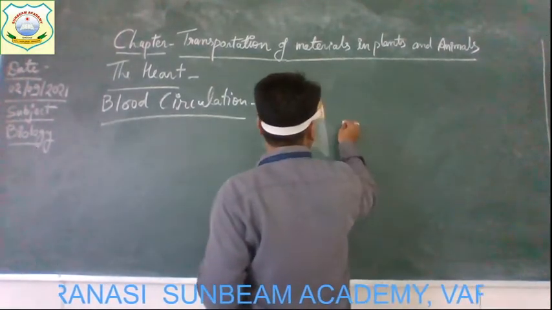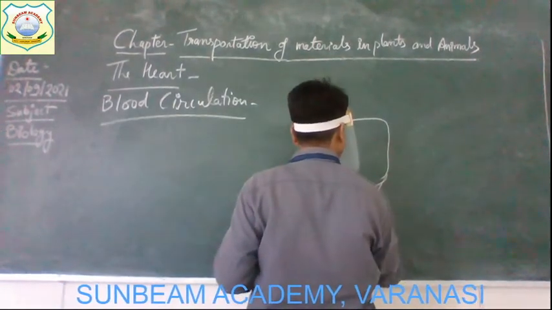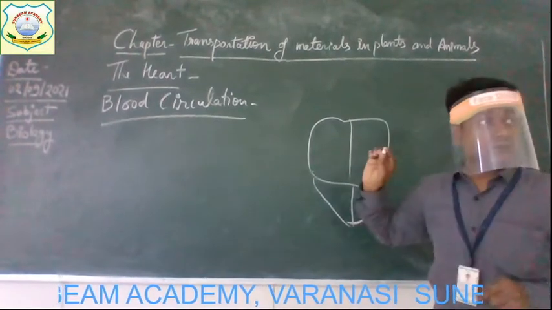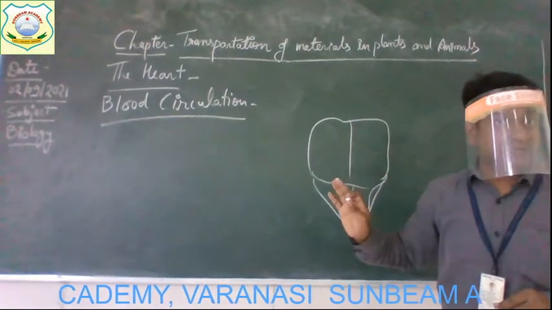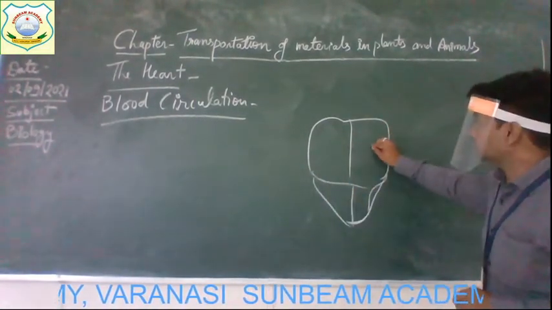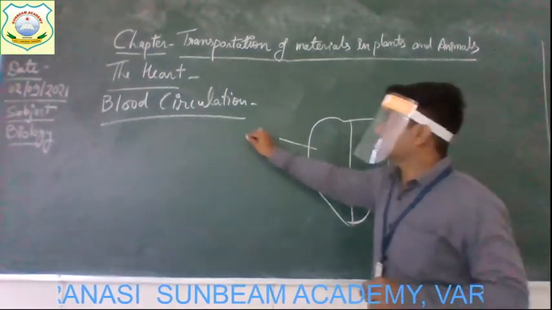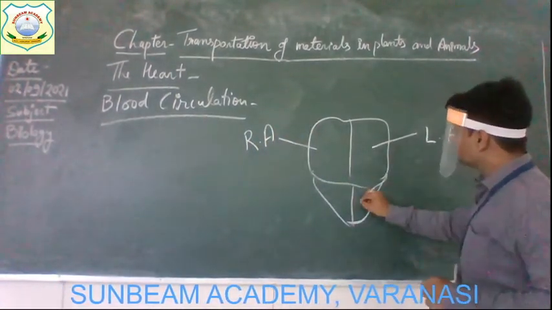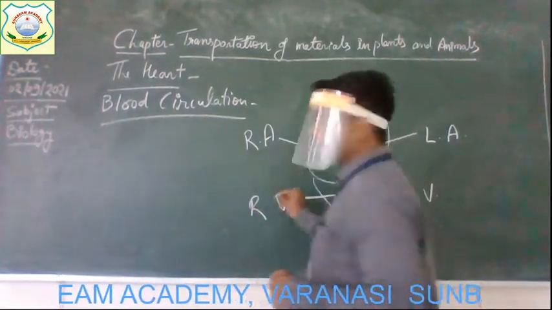The heart has 4 different chambers. These upper 2 are auricles, these lower 2 are ventricles. On the basis of the direction, this one is the left auricle, this one is the right auricle, this one is the left ventricle, and this one is the right ventricle.